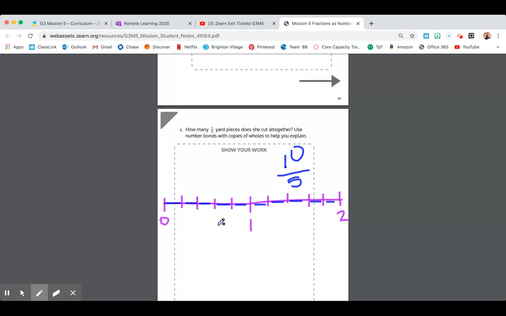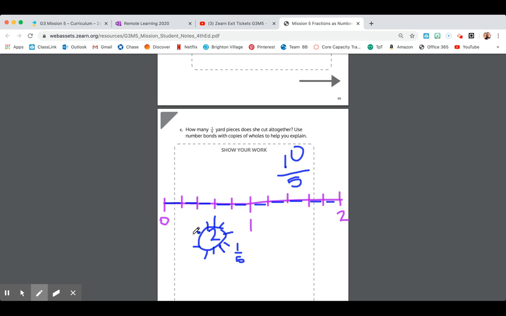And I could draw a number bond and 2 wholes, and I could draw all of those 1/5 pieces. 1, 2, 3, 4, 5, 6, 7, 8, 10. And coming off of my would be a 1/5.